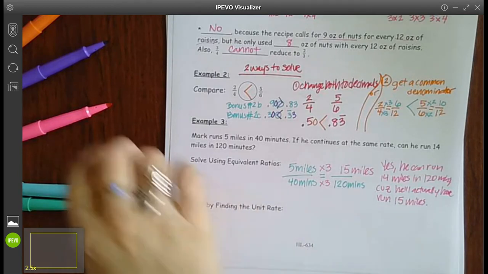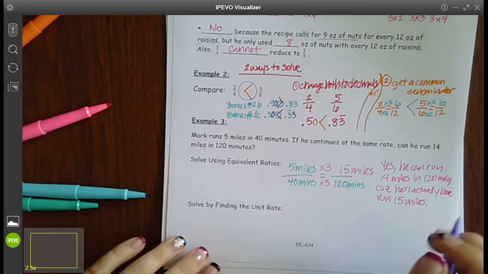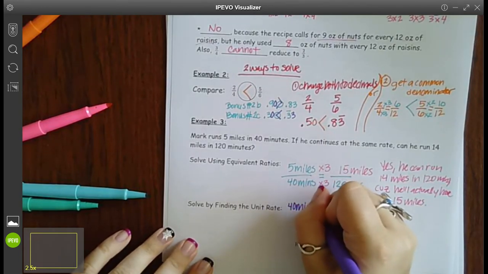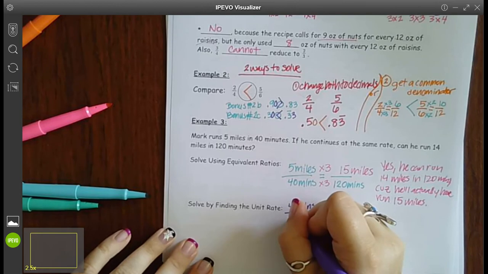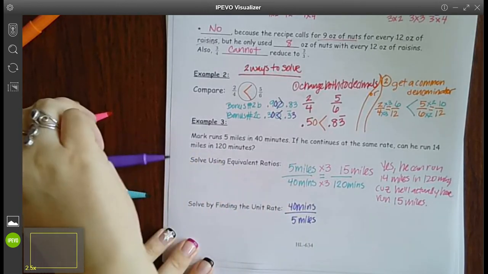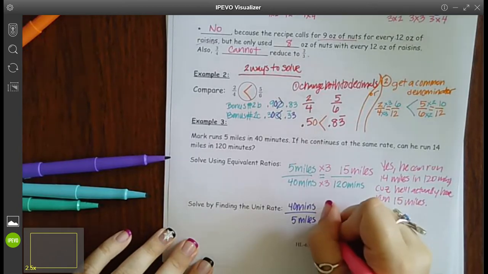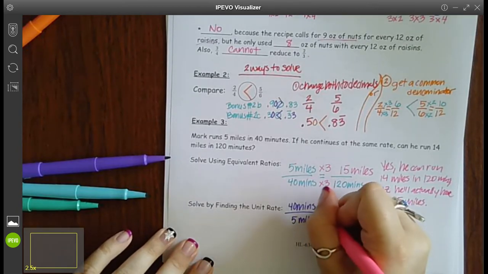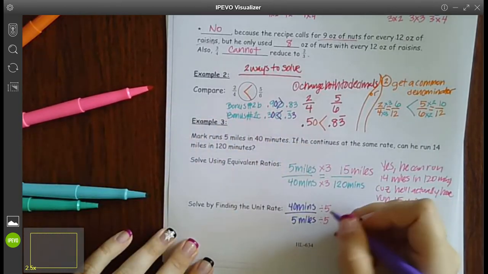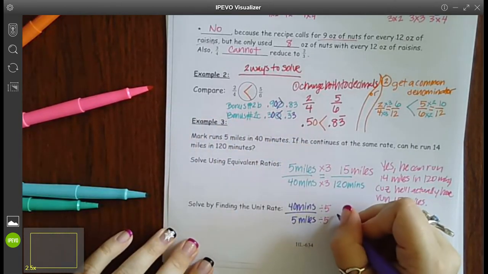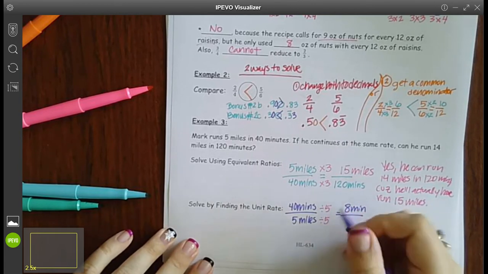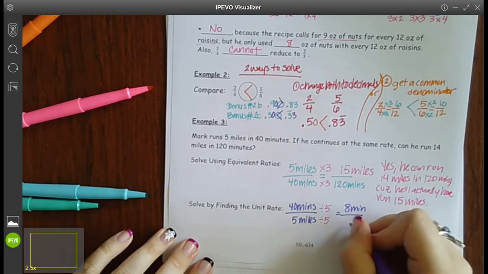All right. So if he goes 40 minutes, it takes him to do 5 miles. Well, I want to solve using the unit rate, so I'm going to divide by this denominator of 5. Well, 40 divided by 5 is 8. And 5 divided by 5 is 1.